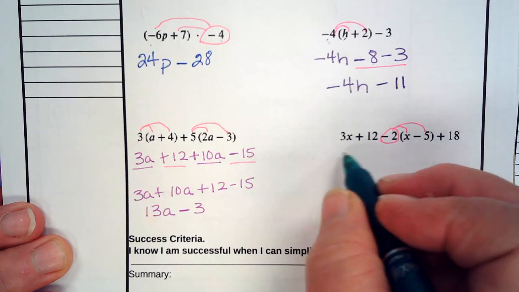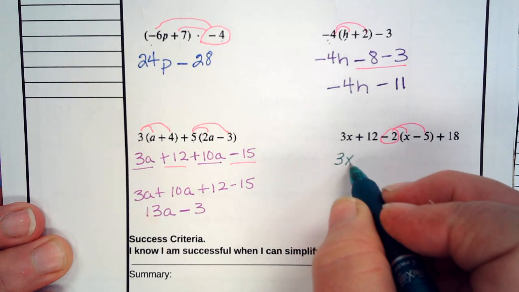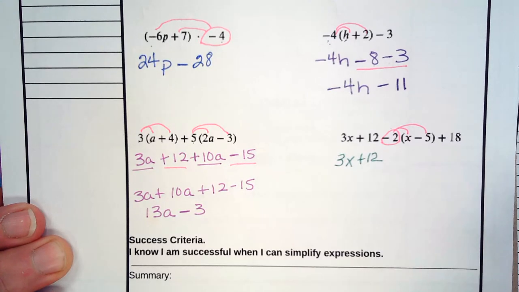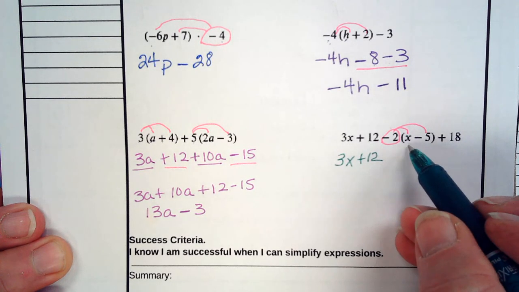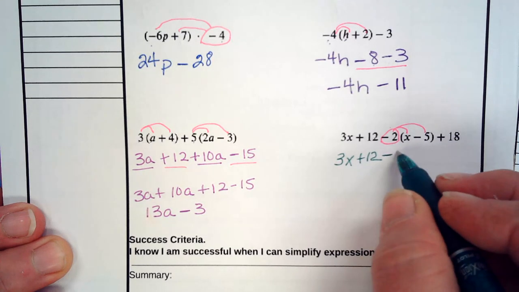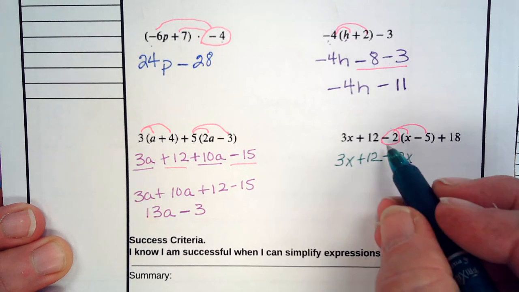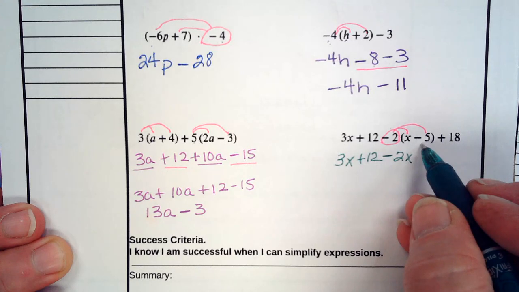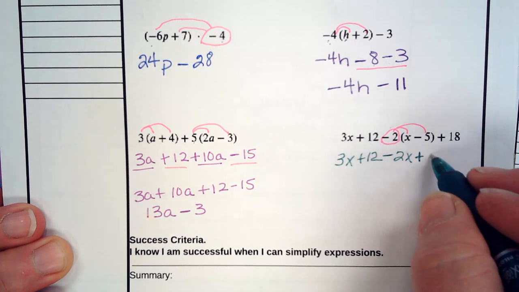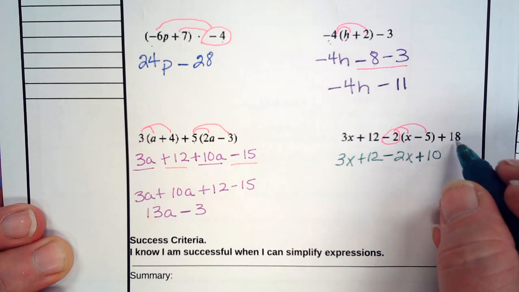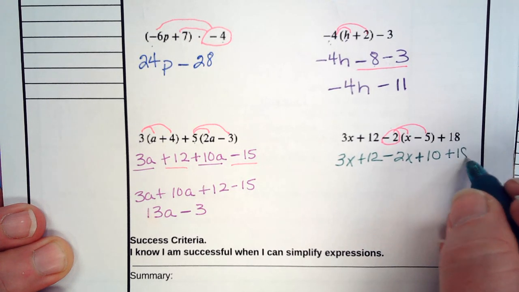So 13x plus 12 doesn't change. Now, multiplying everything by a negative 2. Negative 2 times x is negative 2x. Negative 2 times negative 5, negative times negative is a positive. 2 times 5 is 10. Then bring the rest of it down, plus 18.